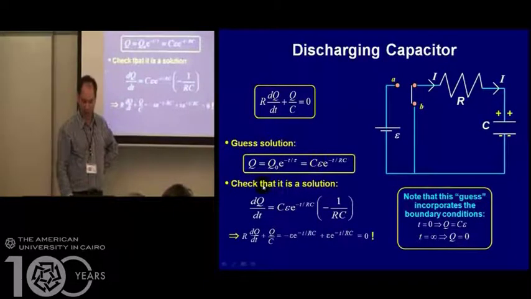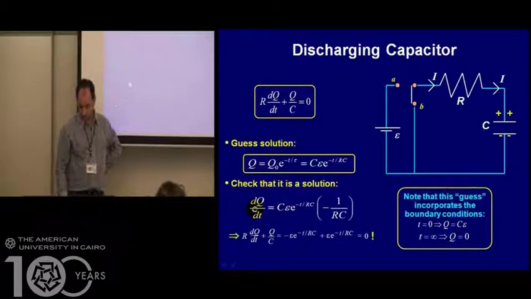This is the charge as a function of time t. The charge equals Q maximum, that's CE or Q0, whatever you call it, times e to the power minus t over RC. And we have examined that equation at the two extremes, at time equal to 0 and time equal to infinity. And we were able also to get the current afterwards.